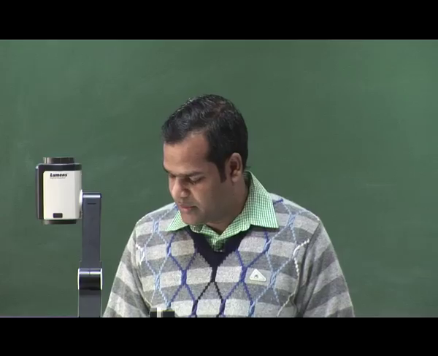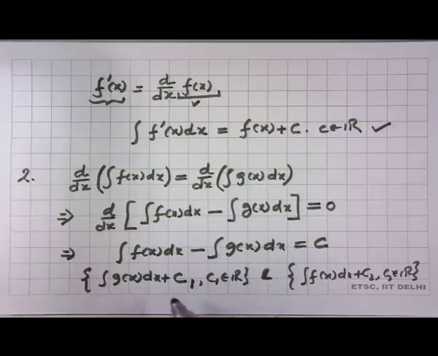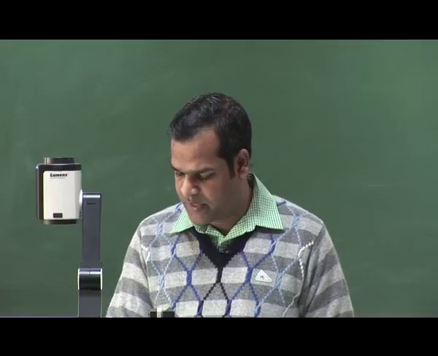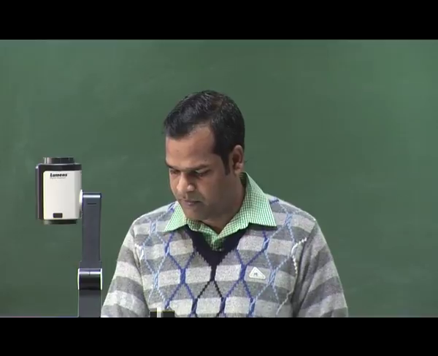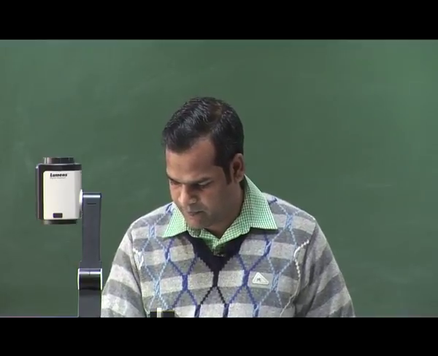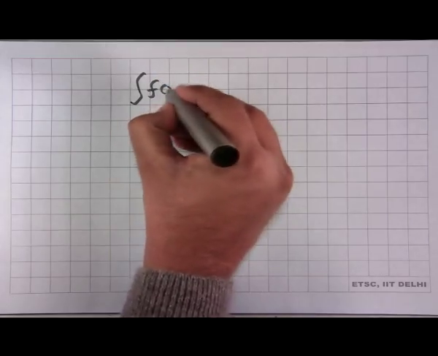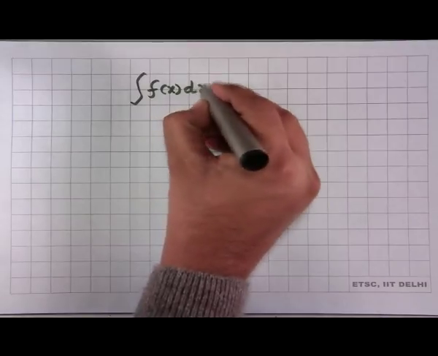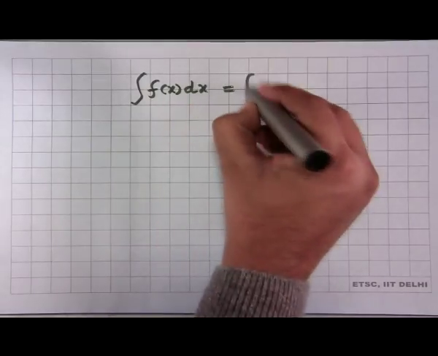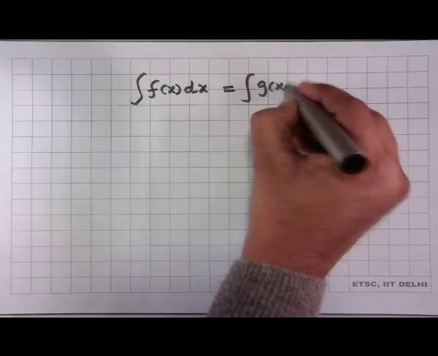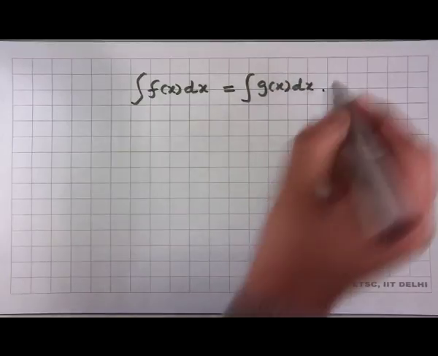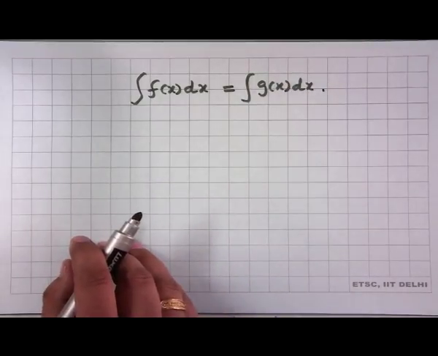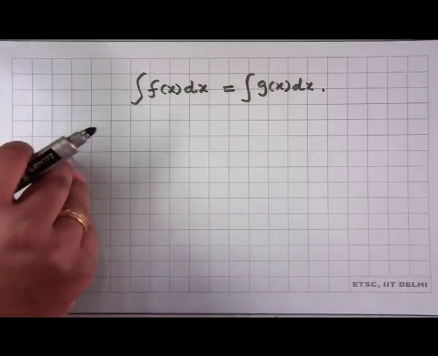As these families are equivalent, we usually do not bother about the constants, and we write that integral of f x dx is the same as integral of g x dx. That means the constant is omitted here.